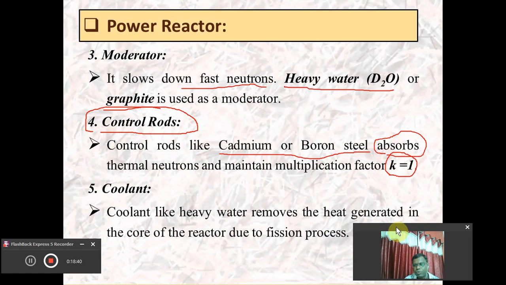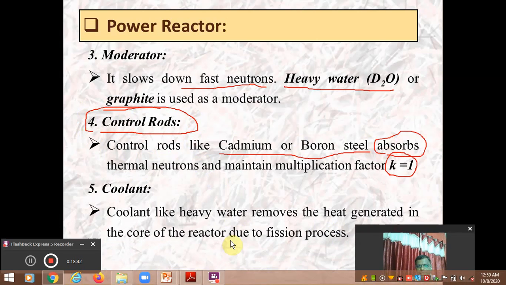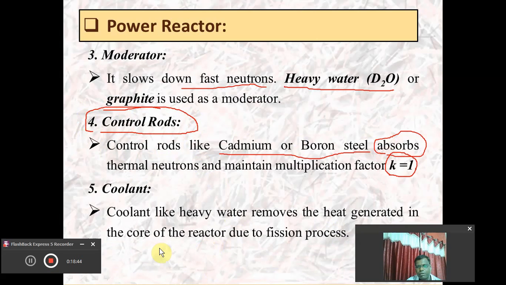Next one is the coolant. We already discussed that the excessive heat in the nuclear reactor or the power reactor is removed with the help of a material called the coolant, and here heavy water is used to remove the heat generated in the core, or the central part of the reactor, due to the fission process.